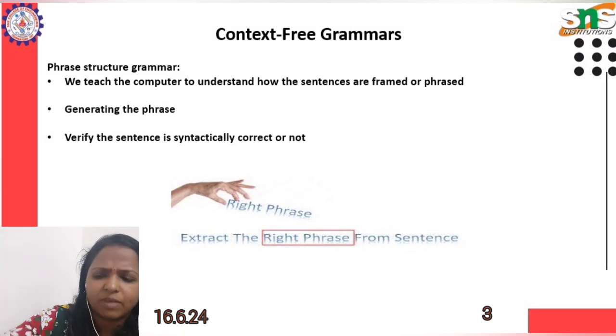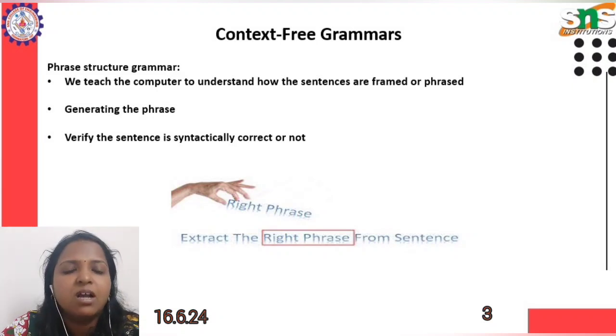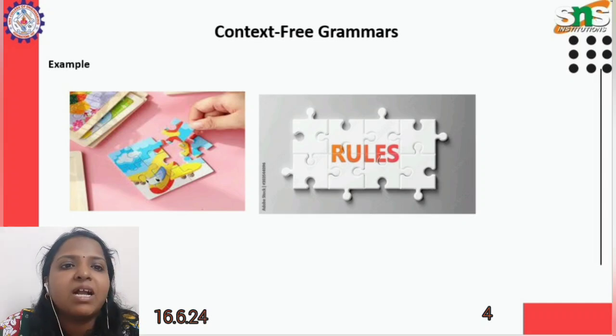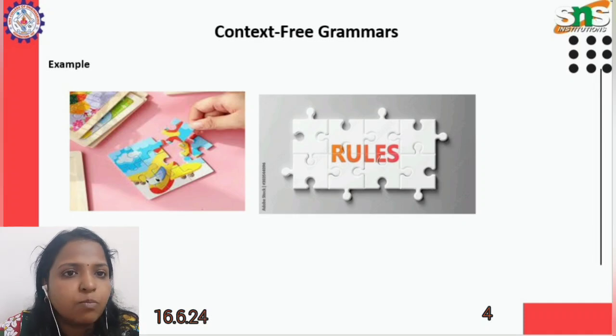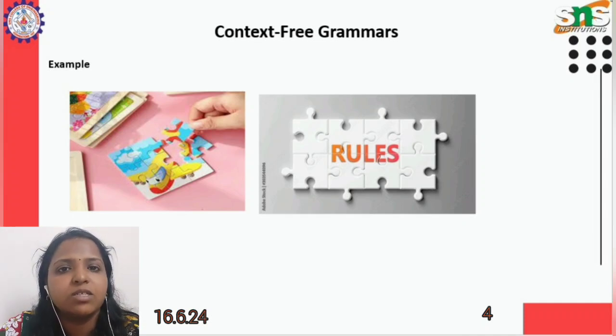Let me tell you in a very simple example what the actual purpose of CFG is. Think that you have a set of puzzles. These puzzles can be compared with a set of words. We have a set of rules and regulations, and we have 100 different pieces of puzzle. We have rules on where to put these puzzle pieces.